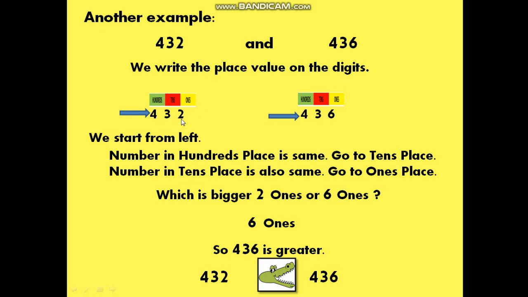So 2 is at the 1s place here and 6 is at the 1s place here. Which one is bigger? 2 ones or 6 ones? Yes, 6 ones. So which number is greater? 436 is greater. And the crocodile is going to eat 436.